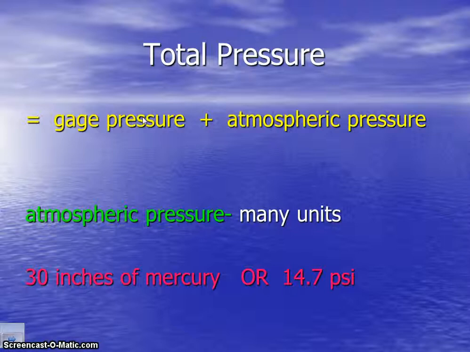You add that to 14.7 PSI and you get total pressure. So on a tire, it not only has that pressure in the tire, but it also has pressure on it. So you just add those up and you get total pressure.